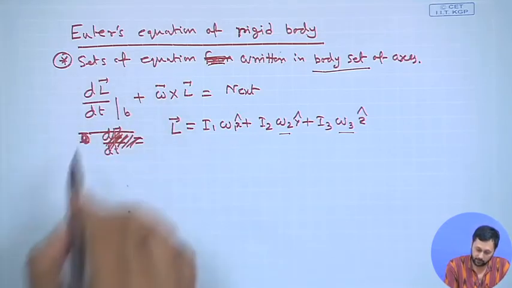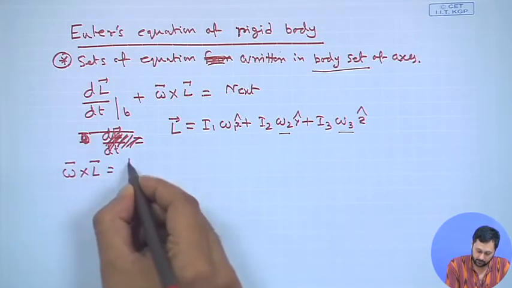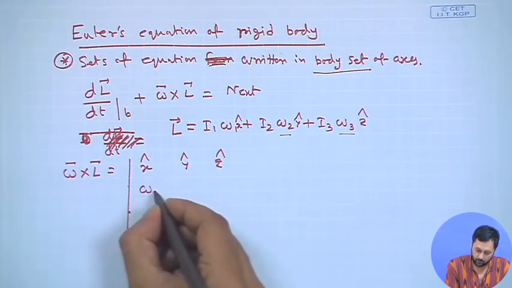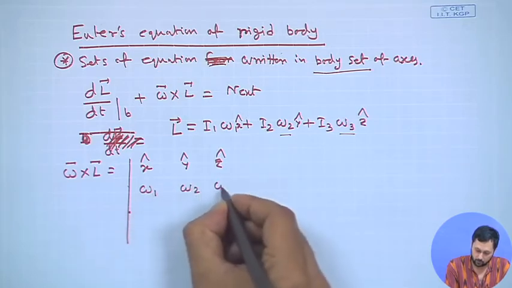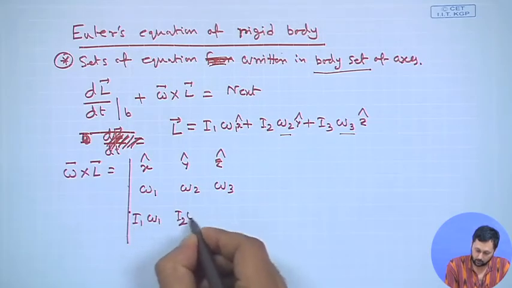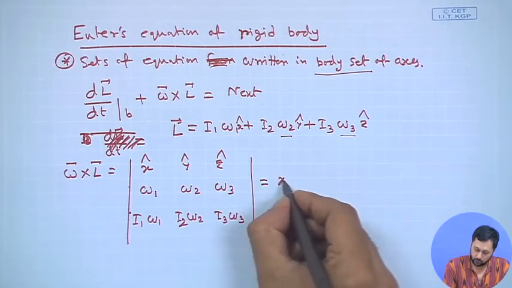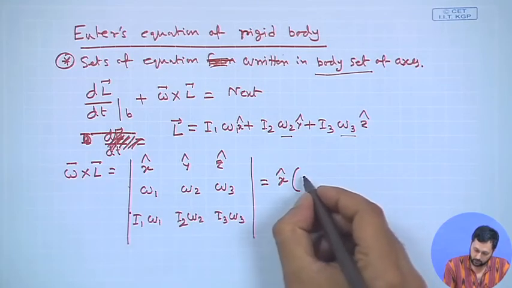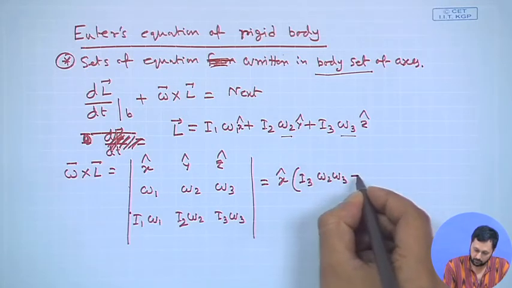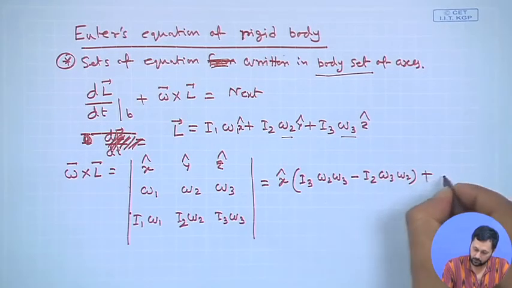Once we are in this particular reference frame, we can write omega cross L as the determinant with rows x cap, y cap, z cap; omega 1, omega 2, omega 3; I1 omega 1, I2 omega 2, I3 omega 3, which you can find out is I3 omega 2 omega 3 minus I2 omega 3 omega 2 plus terms like this.